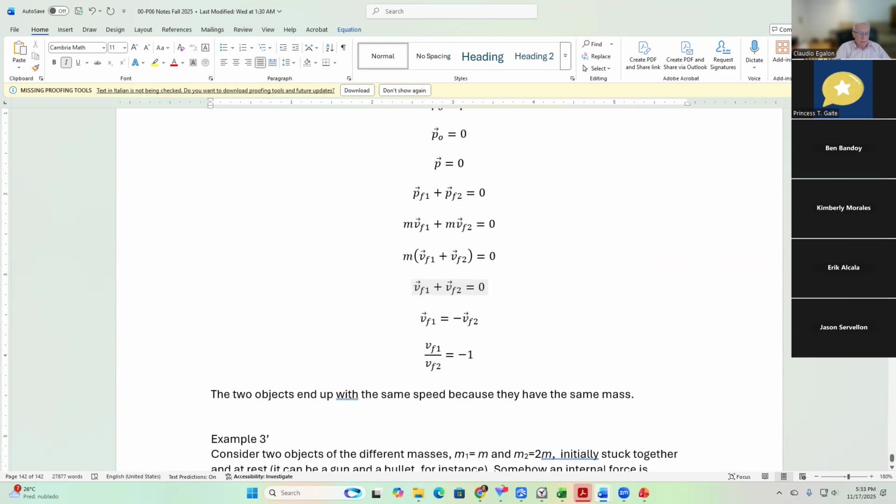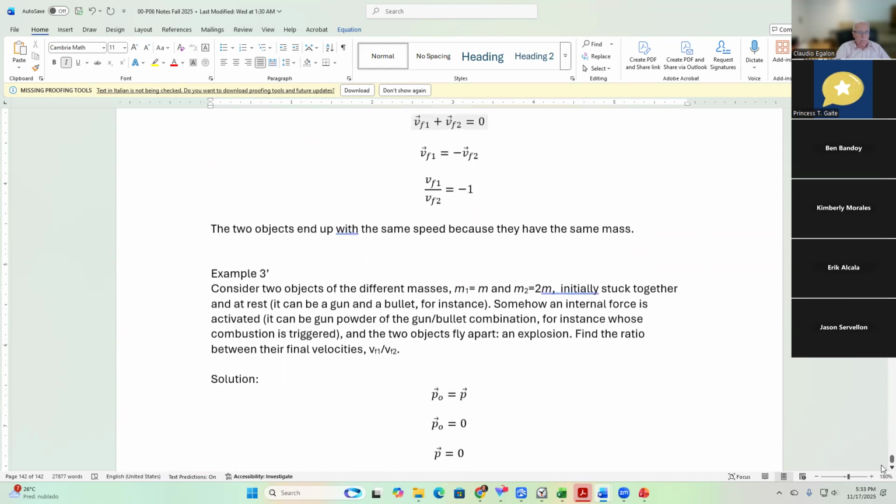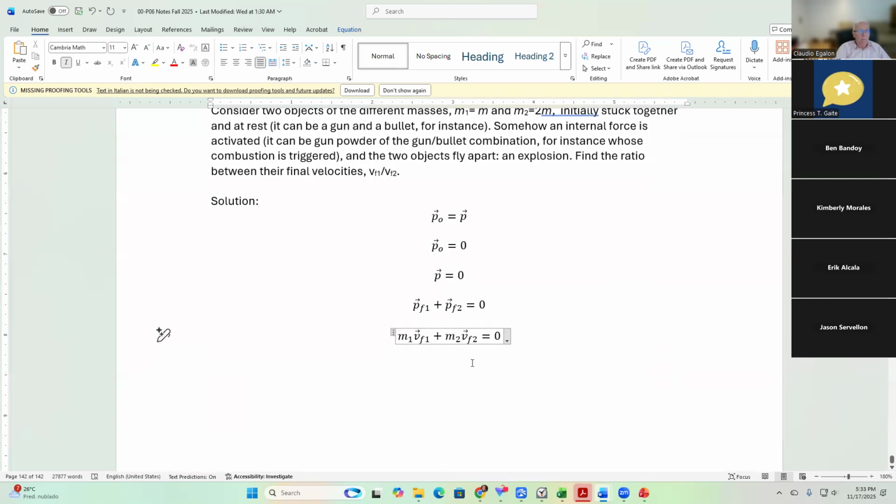One mass is larger than the other. Okay, m2 is larger than m1. It's twice m1. Here we're going to have m. Here we are going to have 2m.